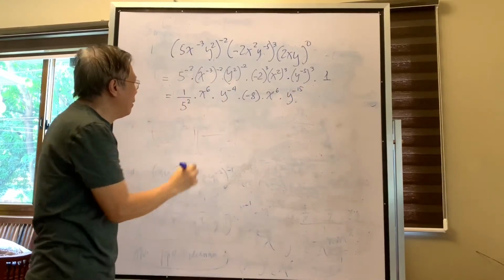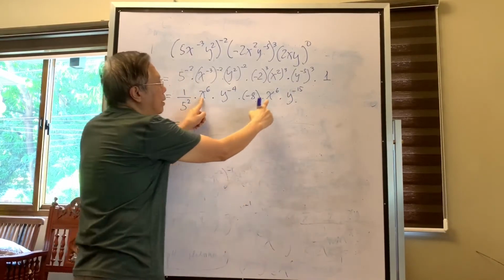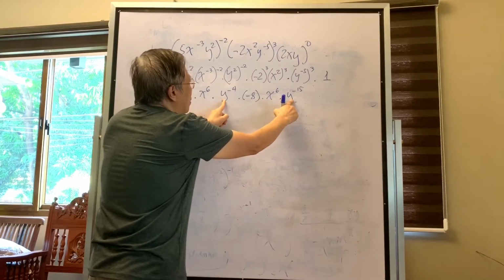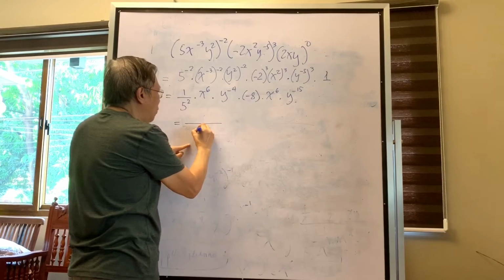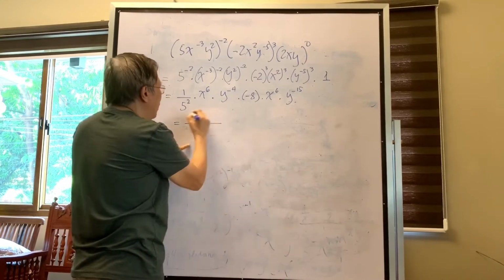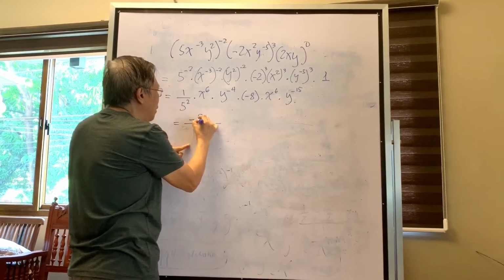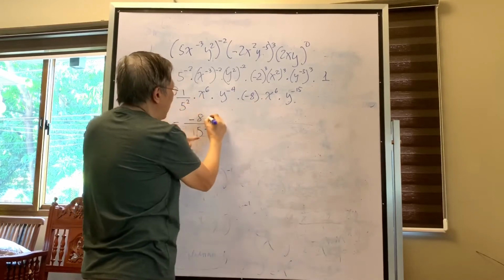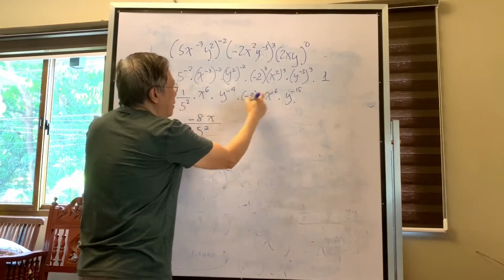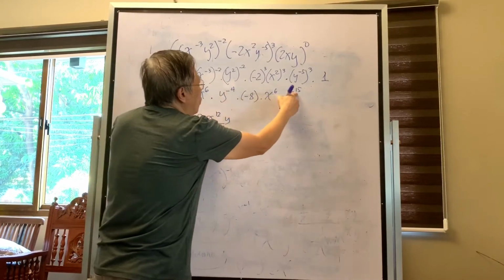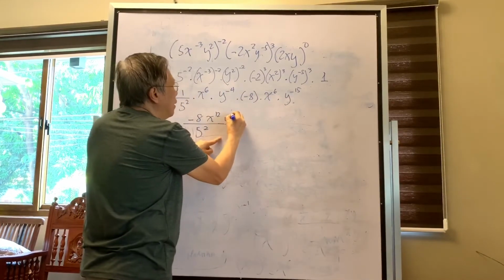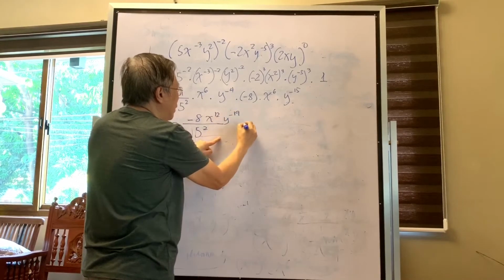Further simplifying this by applying the product law, we will have on the denominator 5 squared, and then a negative 8 on the numerator, x to the 6 plus 6 is 12, and y to the negative 4 and negative 15 will give me negative 19.